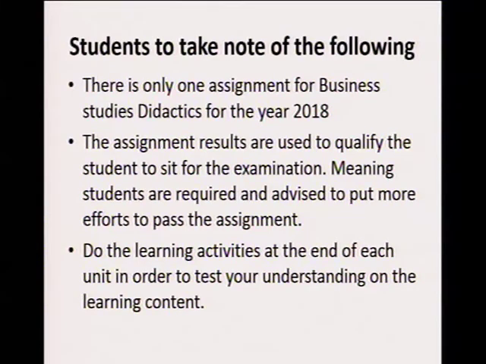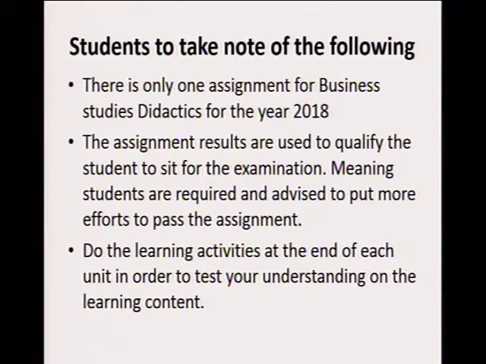Students are advised to take note of the following information: there is only one assignment for Business Studies Didactics for this year, 2018.